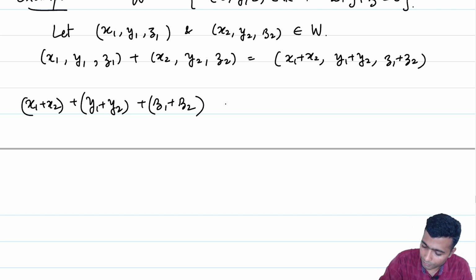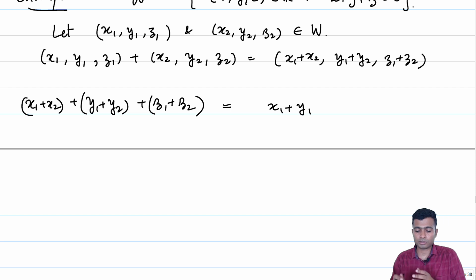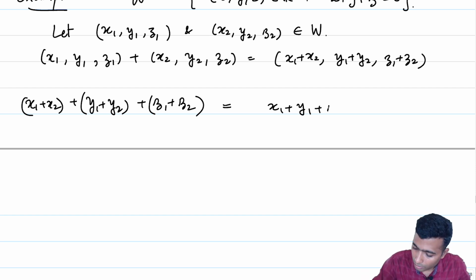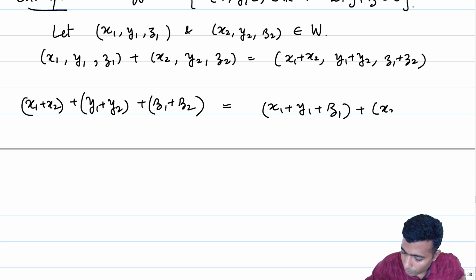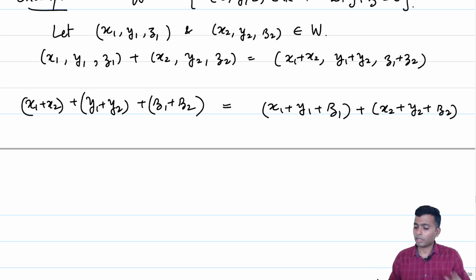I will leave you to check that after all the commuting of elements and re-bracketing, sorry, re-bracketing the coordinates, we get x1 plus y1 plus z1 plus x2 plus y2 plus z2.